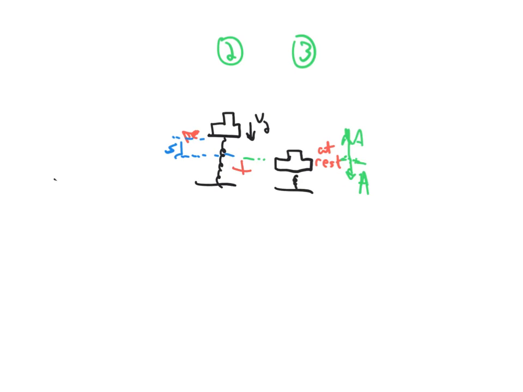It's moved down some amount. My picture here is horribly not to scale. And it's at rest. So we're going to say that the energy in 2 is the energy in 3, but the energy in 2 is both the kinetic energy and whatever's in the spring at that moment, and the energy in 3 is just potential energy.